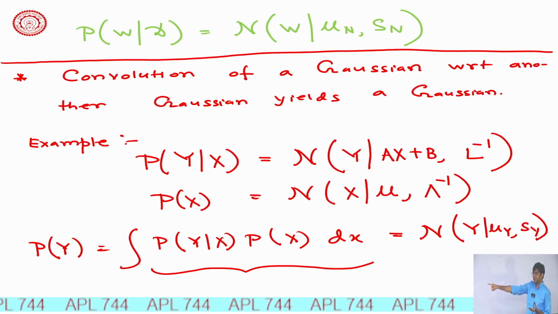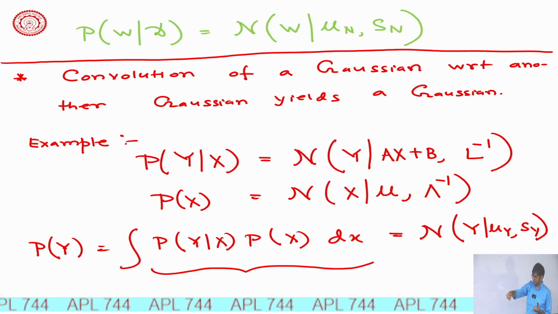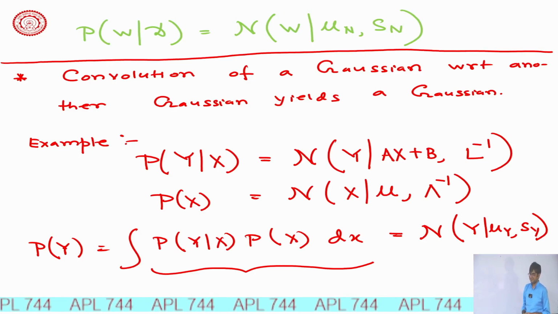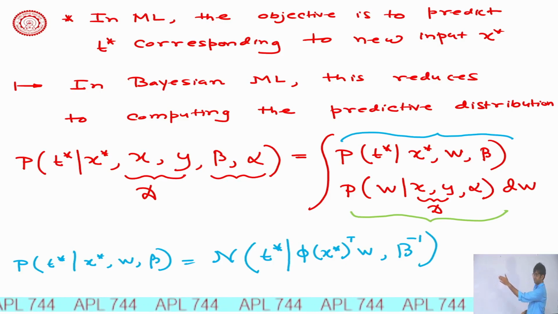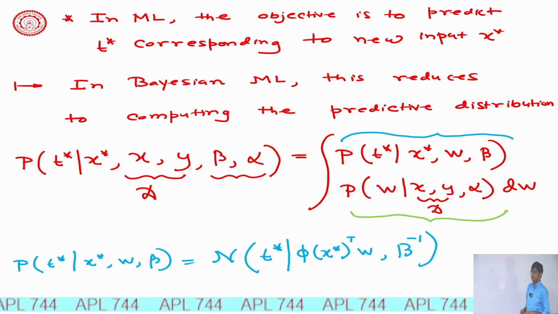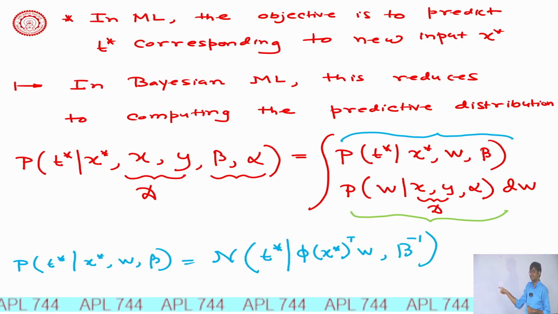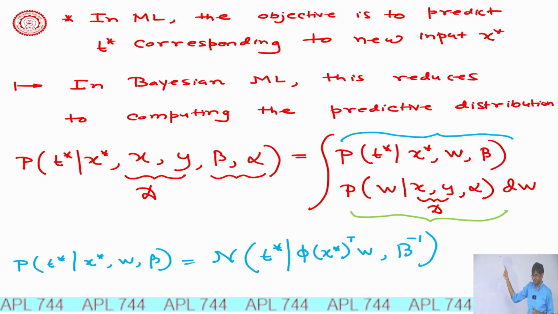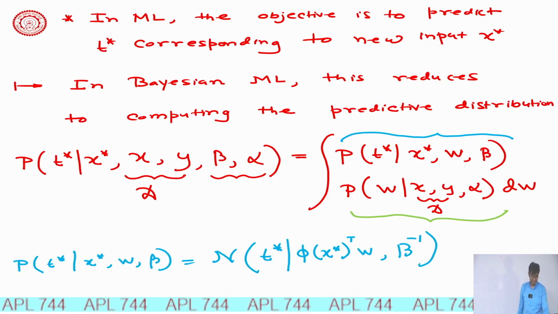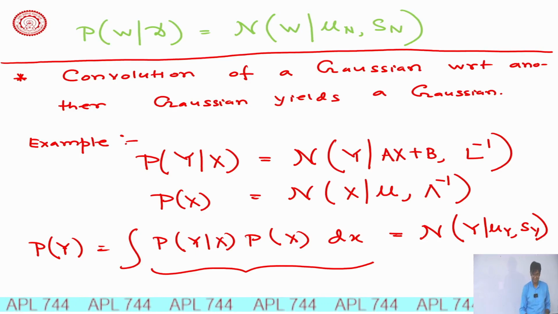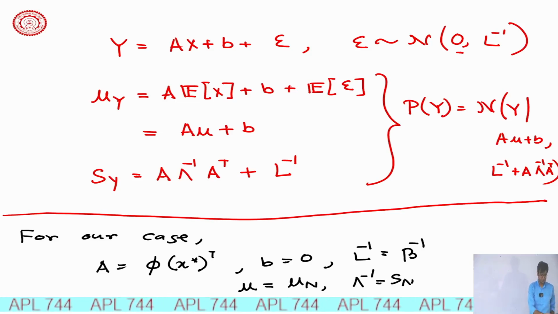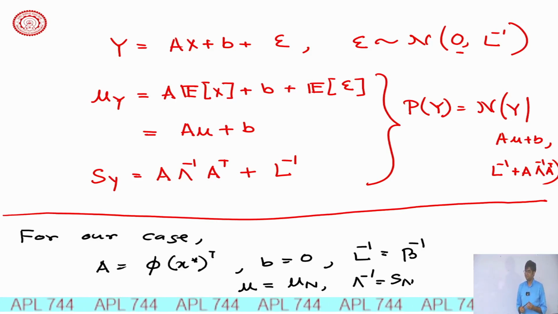So, the second probability was of X. So, that is why A was your matrix. Now if you go back, what is there in the second term? W. So, that means W is equivalent to X. So, then A is equal to phi X star transpose. Okay. Yeah, because of the notation X and X that happens, I understand that.